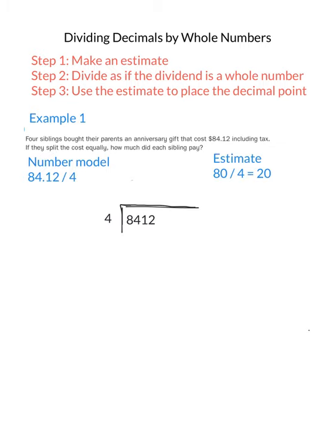So as you can see, I've gone ahead and cleaned up my screen a little bit here. I've rewritten my number model and I've rewritten my estimate. And then I went ahead and started step number 2. And step number 2 said divide as if the dividend is a whole number. So we're going to take that $84.12 and change that to 8,412.